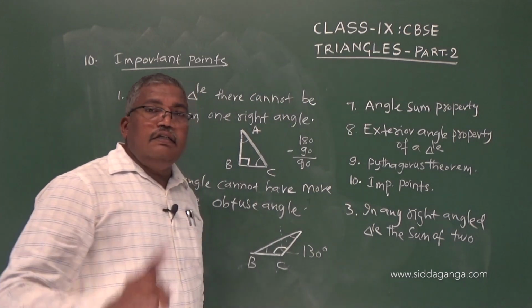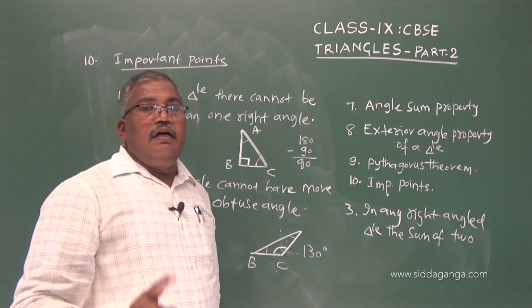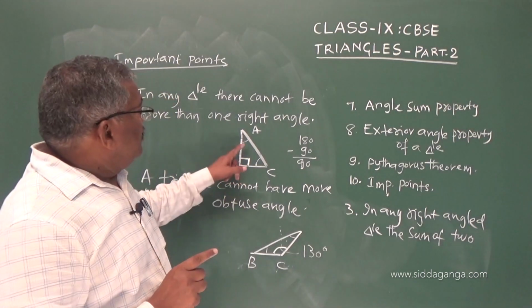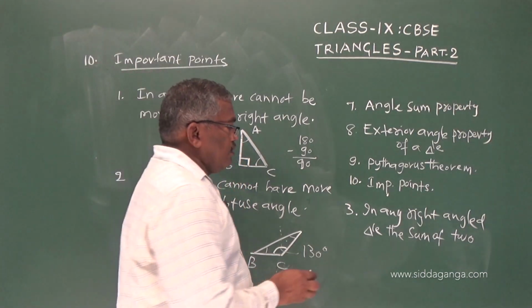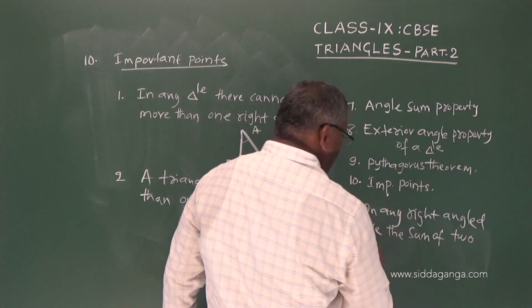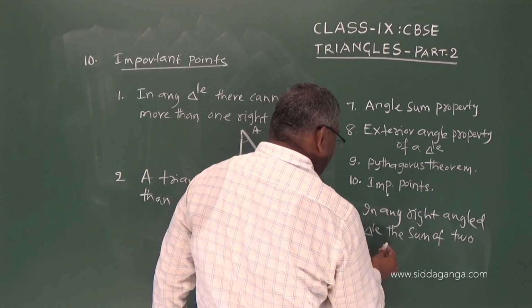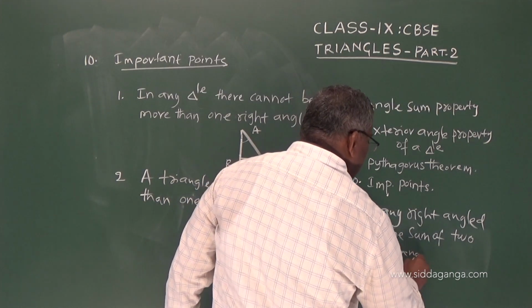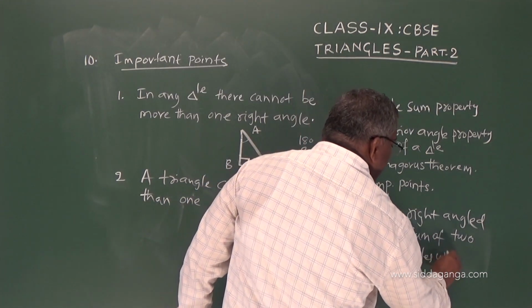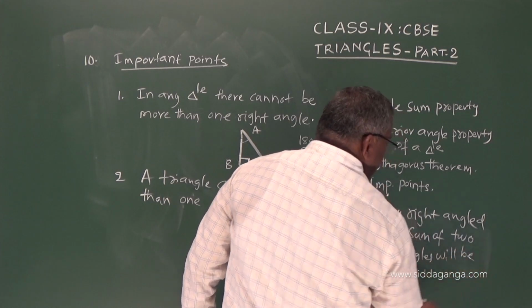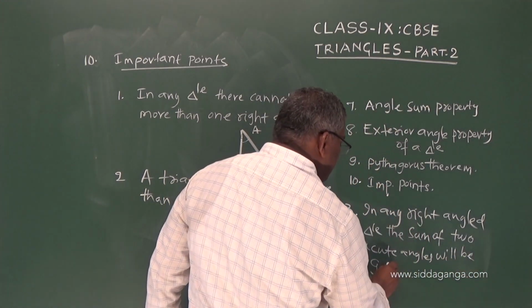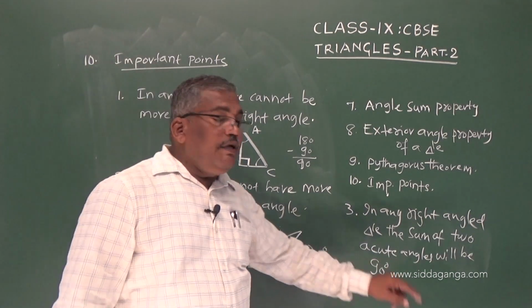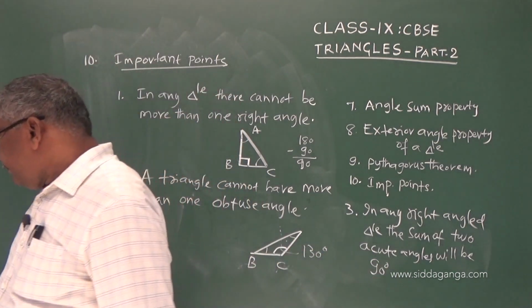Remember, in any right angle triangle, there will always be two acute angles, and their total will be 90 degree.